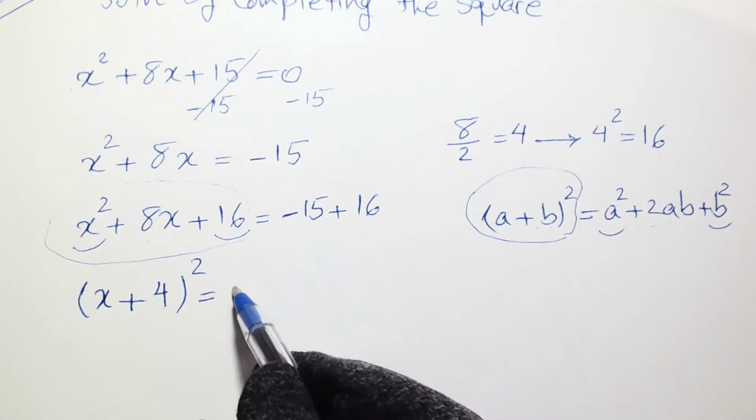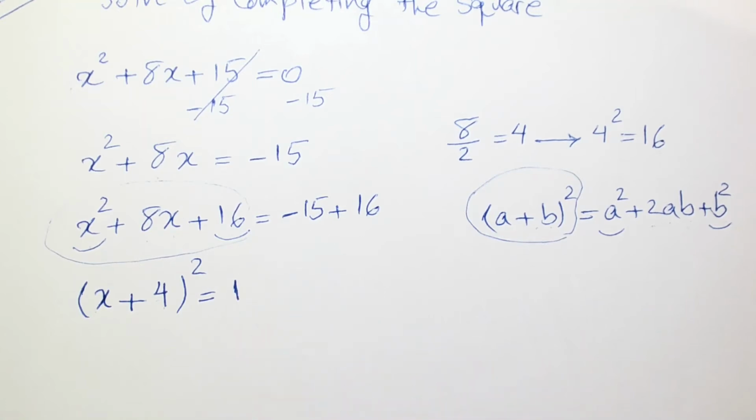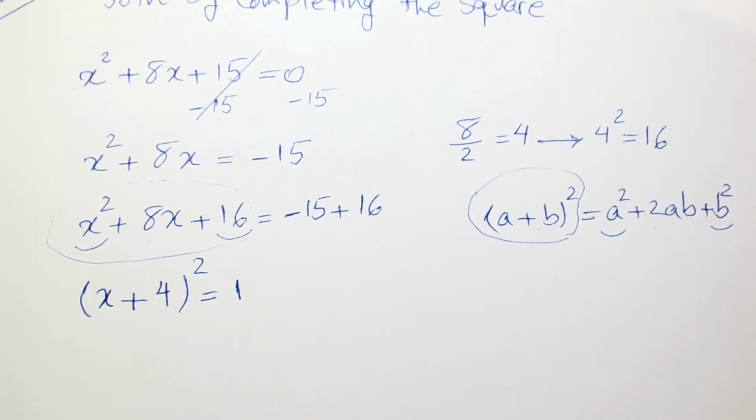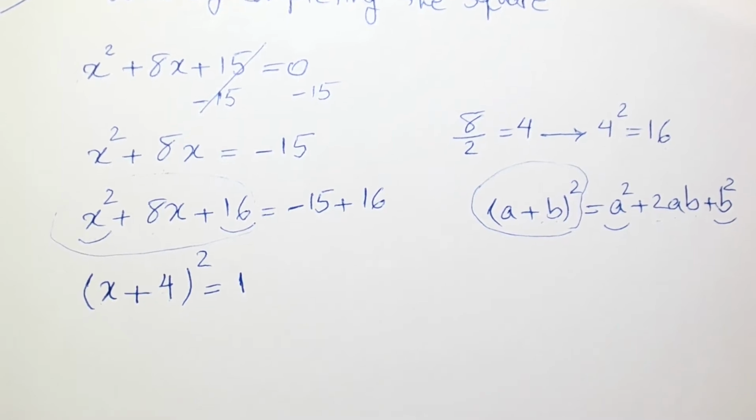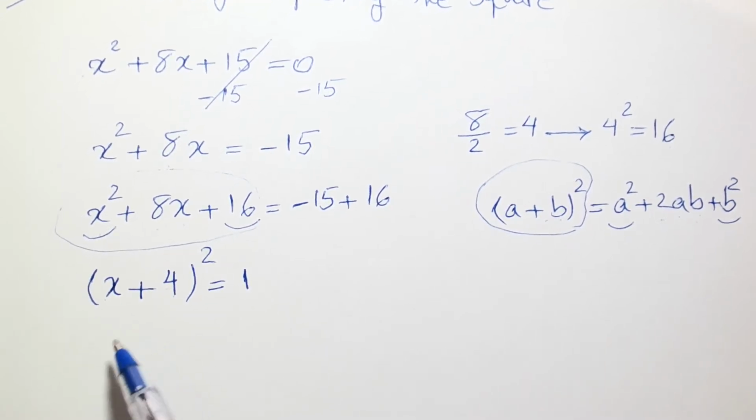Now on the right side, I have negative 15 plus 16. Now, we have a complete square on the left side and 1 on the right side. If you remember from the section before, we said how we can solve this kind of equation. Take the square root of both sides.